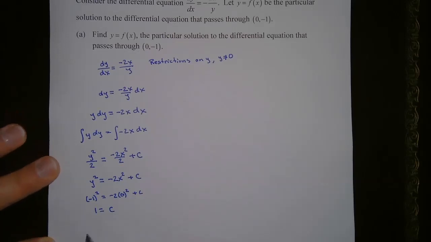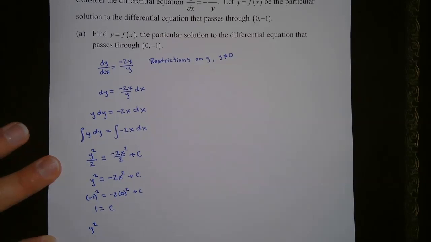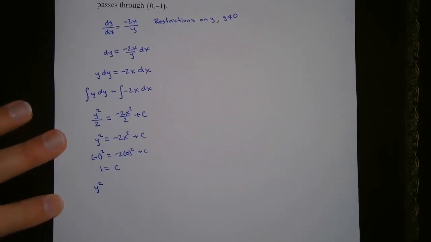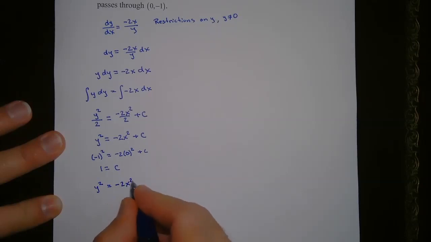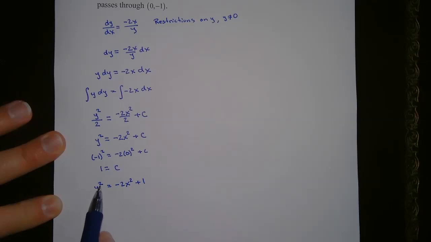All right. So that means y squared is equal to negative 2x squared plus 1. To get rid of the square, I'm going to square root both sides. So the square root of y squared is equal to the square root of negative 2x squared plus 1.